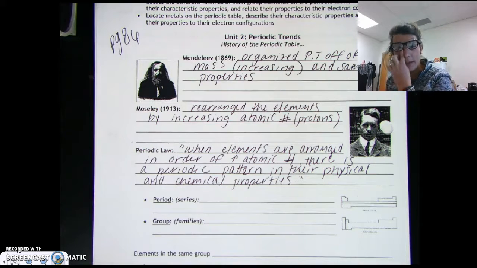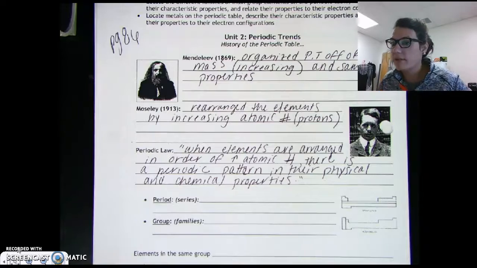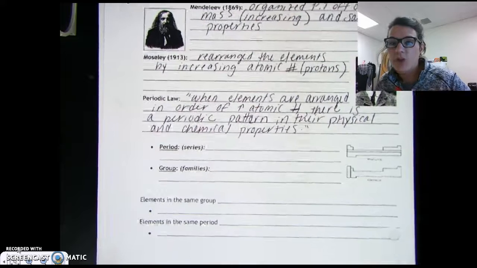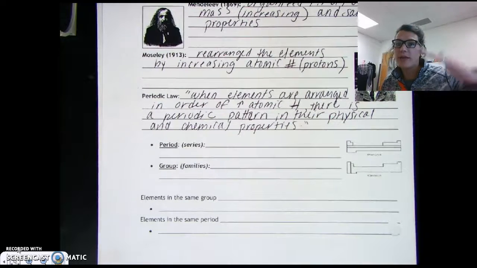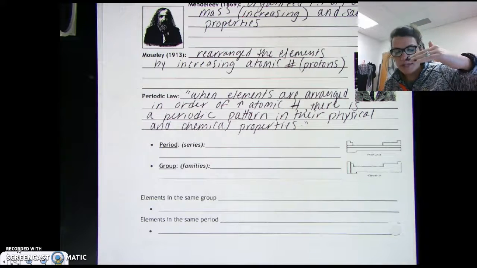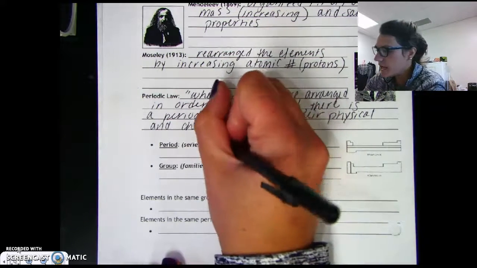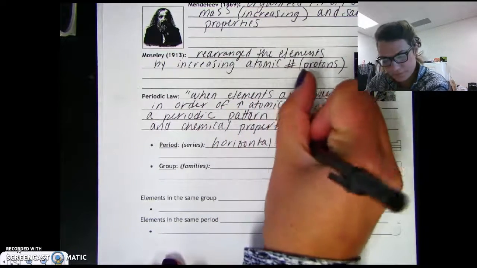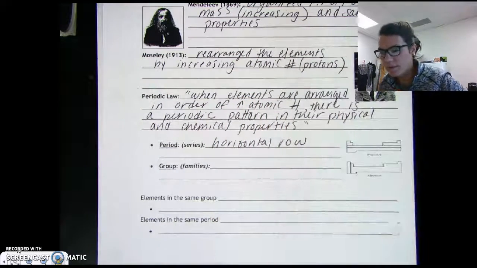Okay. So let me keep going here. We'll go over a lot of this in class tomorrow, but I just want to kind of rock and roll through these notes, okay? So the way that we set up the periodic table, we have rows, which we call periods or a series, okay, and so this is the horizontal row of the periodic table.